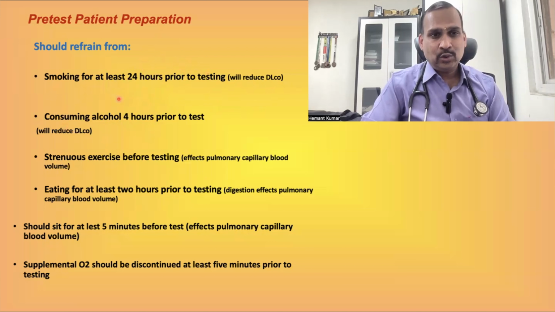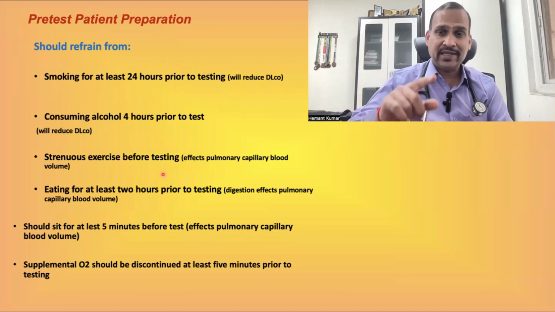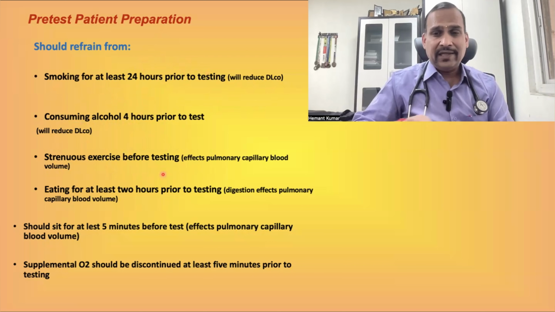Then the patient has to quit alcohol at least 4 hours prior to the test, because alcohol will falsely reduce DLCO. The patient should avoid exercise before testing, because exercise will increase blood volume in alveolar capillaries and increase DLCO.